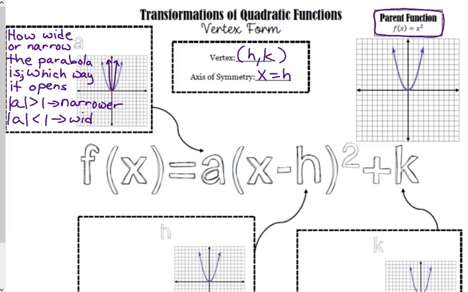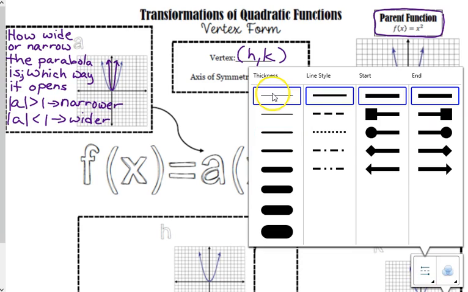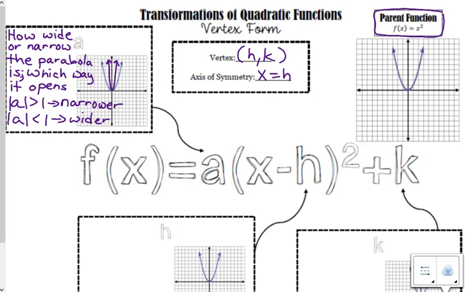Again, just because -5 is less than 1, that doesn't mean the graph would be wider. 5 is greater than 1, and so therefore it would be narrower. And the way a wider one would look is like this. And these aren't perfect. They're just examples.